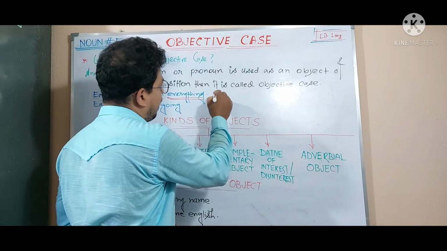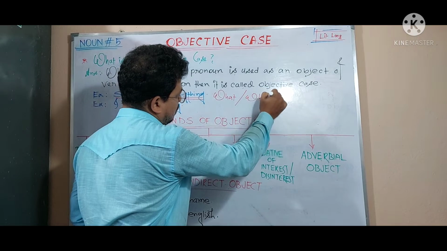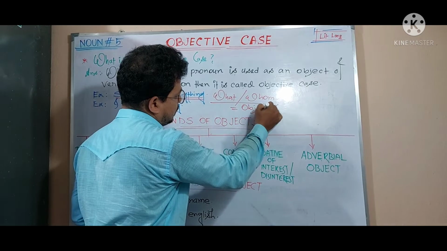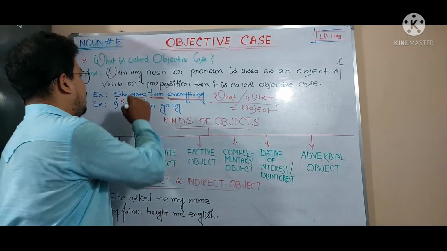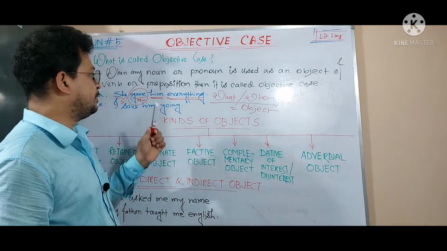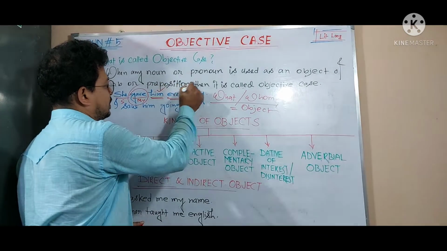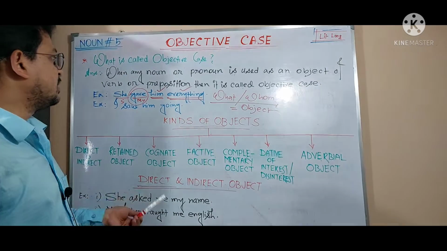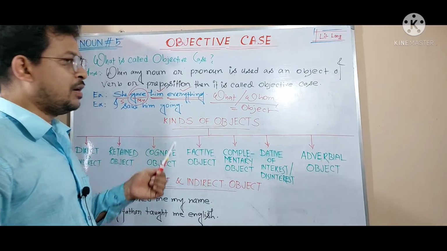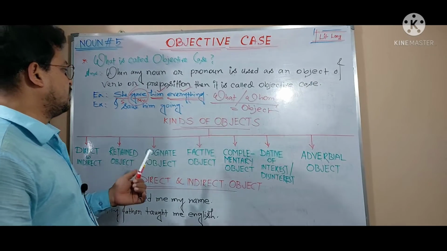When you ask the verb what or whom, you will get the object. What has she given? Everything. And whom has she given? Him. That means there are two objects. I will discuss later how to identify these objects and how to clarify which one is direct and which one is indirect.